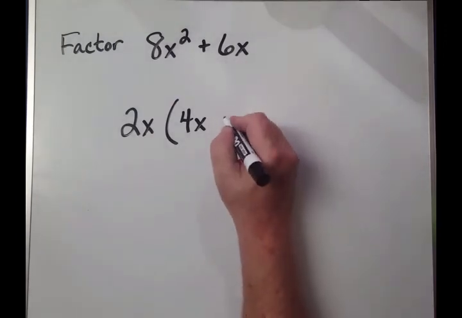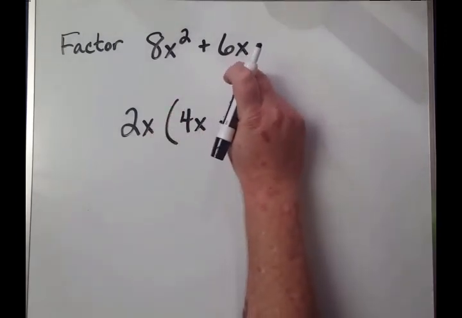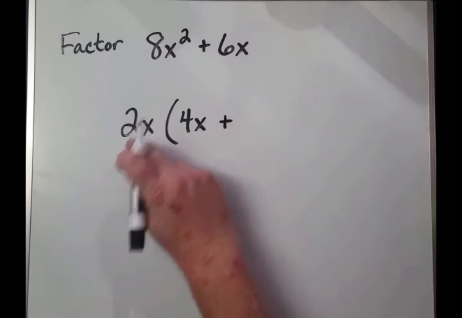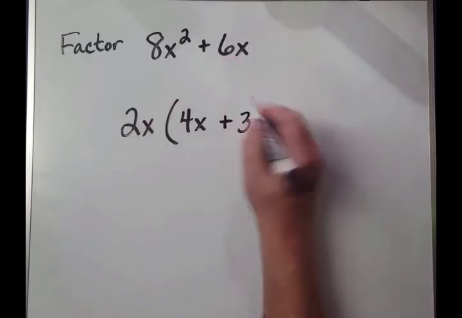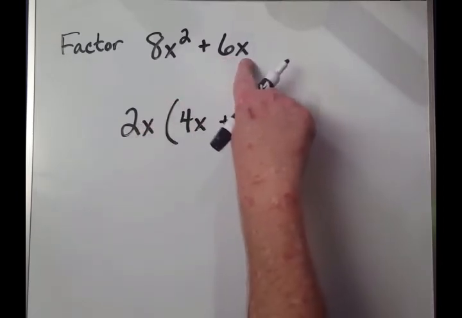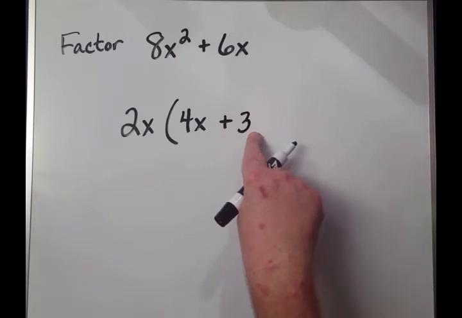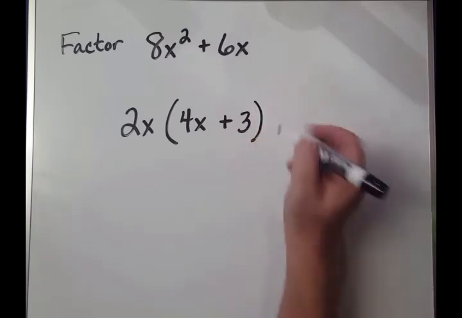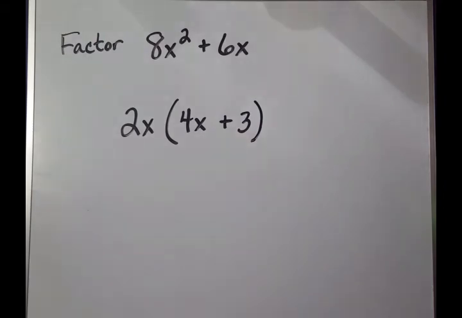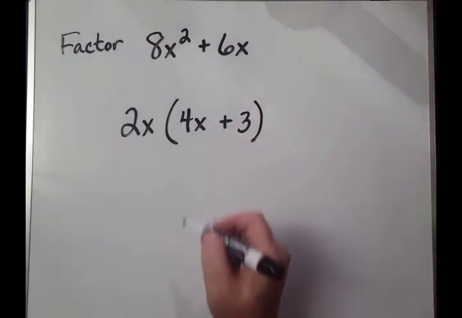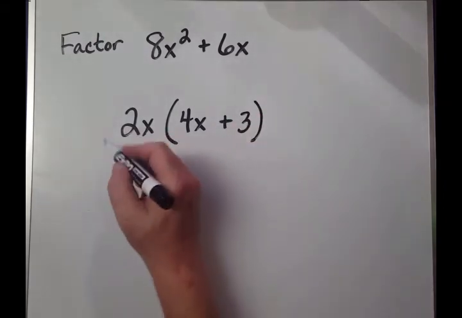And plus, if I pull 2x as a factor out of 6x, you pull a 2 out of the 6, it leaves a 3. You pull the 1x out that it's got, leaves no x's. Not sure about that? Distribute that back in and see if it doesn't return you to the original problem. And so this is factored.